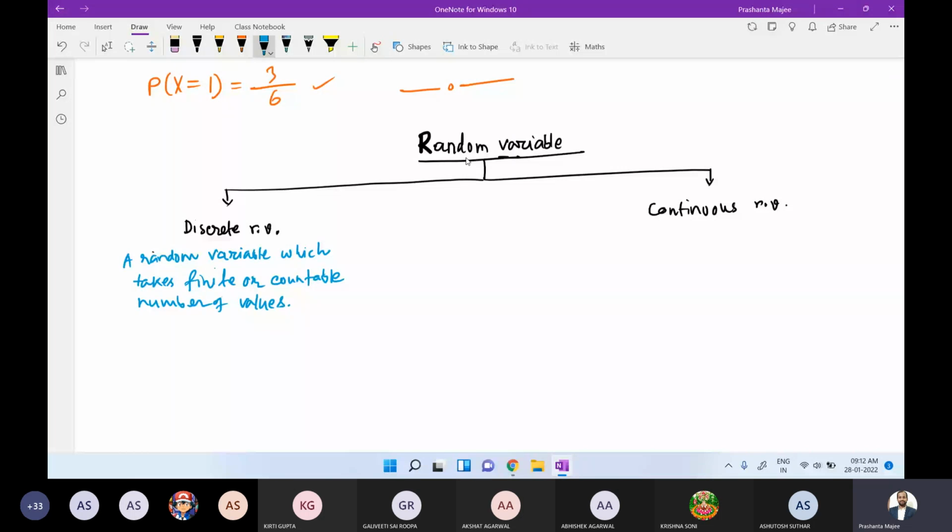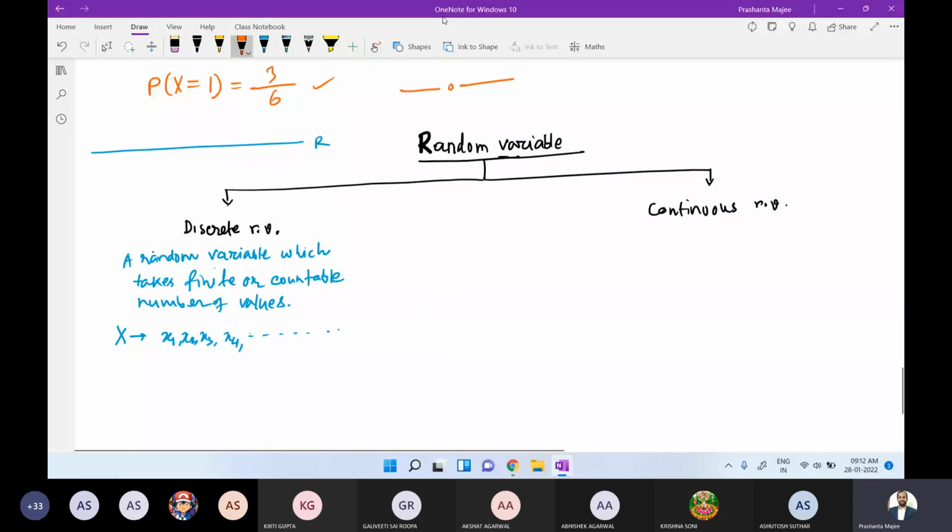What does that mean? If X is a random variable, then X will take the values x1, x2, x3, x4 and so on at discrete points. So on the real line R, there will be a countable number of points which are the images of the random variable. These points are discrete points; you can separate them from each other. So that is a discrete random variable.